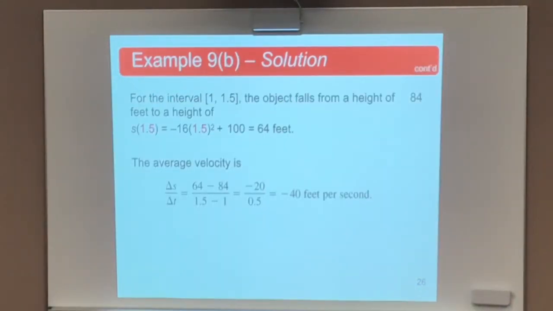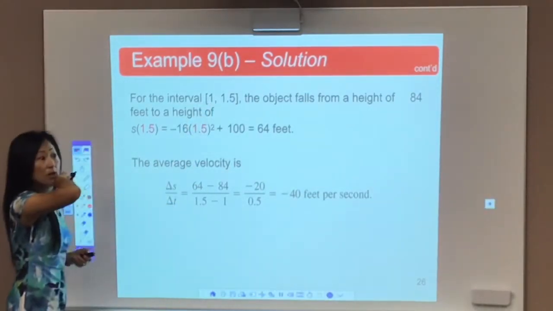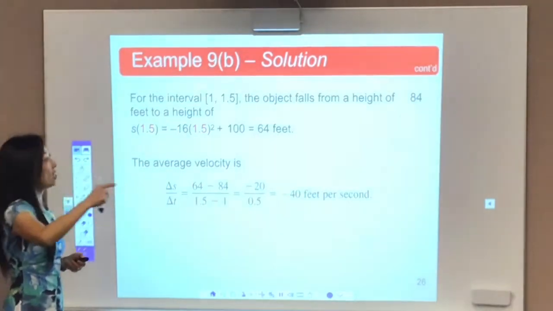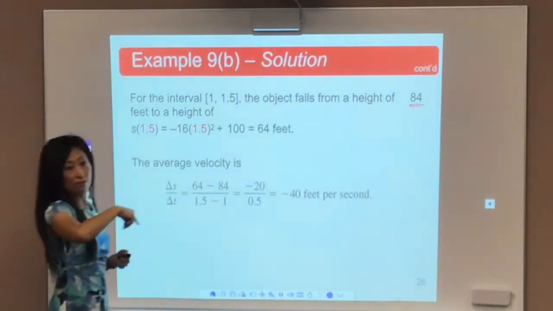For the interval starting at time 1, I travel half a second, which is 1.5. The object falls from a height of 84 feet to a height of, then I'm going to do 1.5. I'm not going to do 1 because I already know what that is. Remember, s of 1 is 84. We already did it in the previous problem, so I'm not going to do it again.